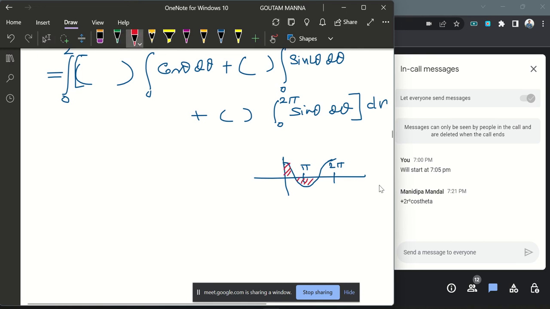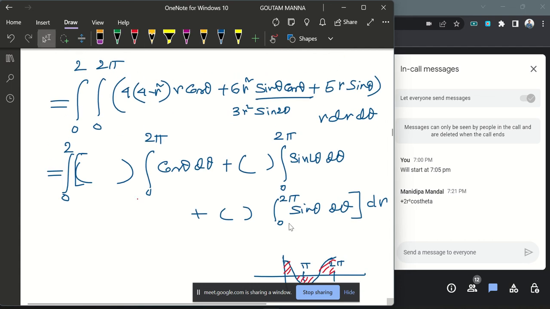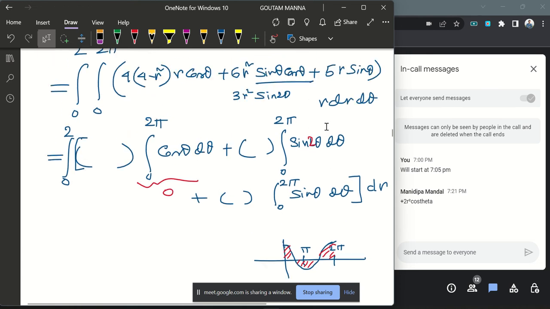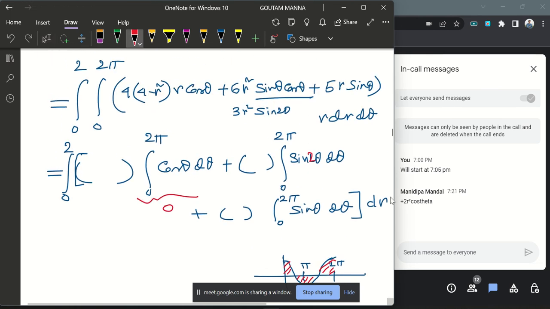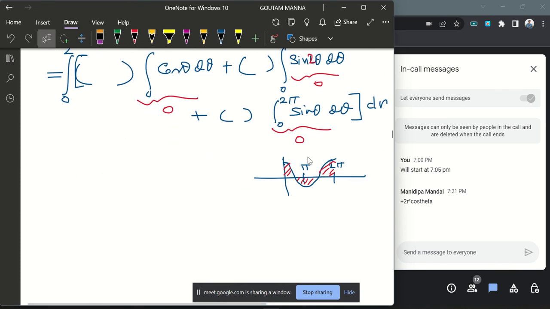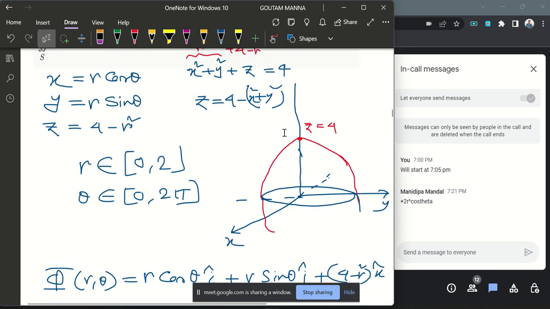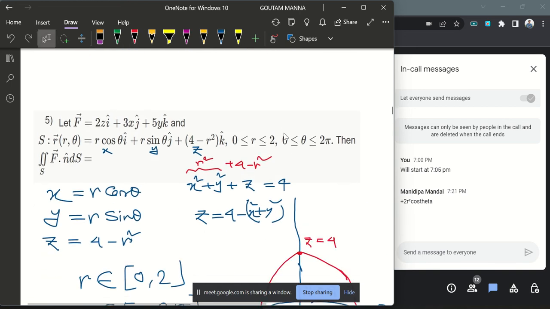The integral of cos theta d theta in a full period is 0, and sin 2 theta has a period of pi, so over twice its period you are integrating, that will also be 0, and the integral of sin theta d theta will also be 0. So these terms are 0 plus 0 plus 0, and the answer of this surface integration is 0.